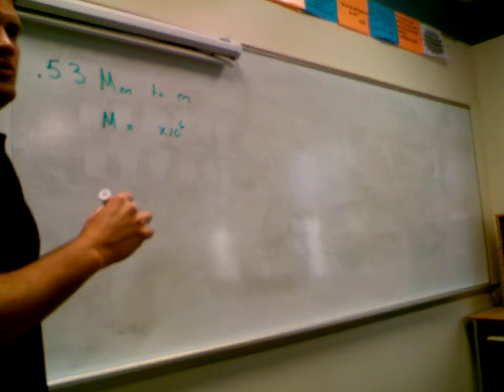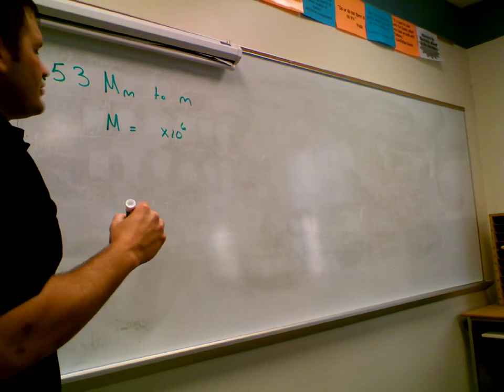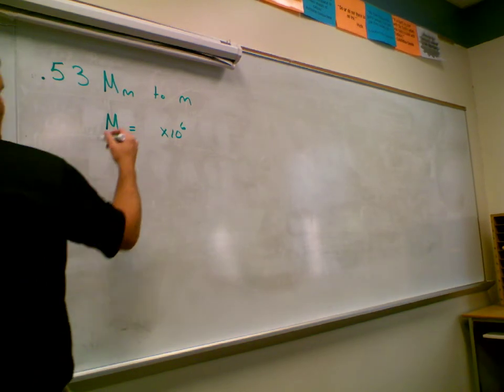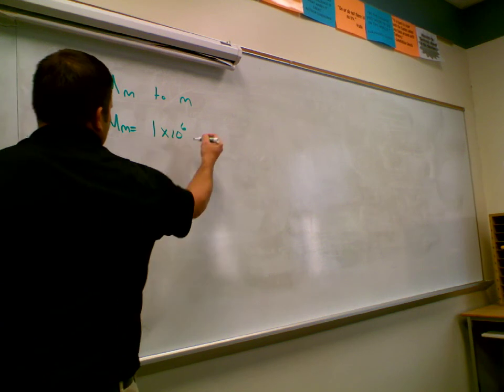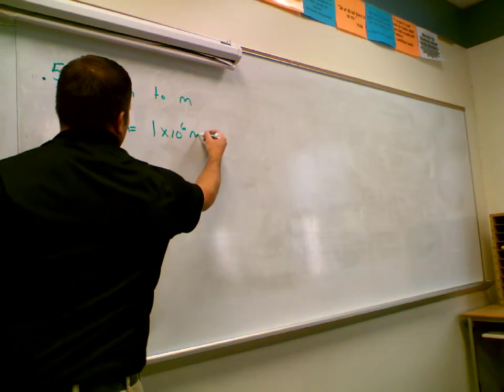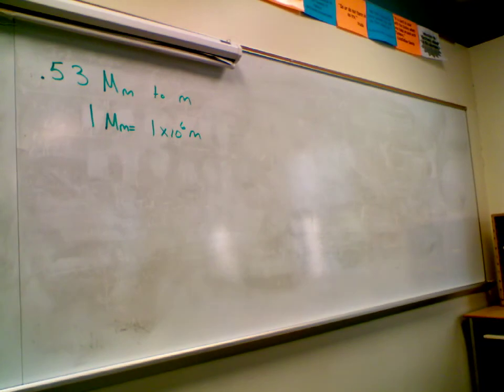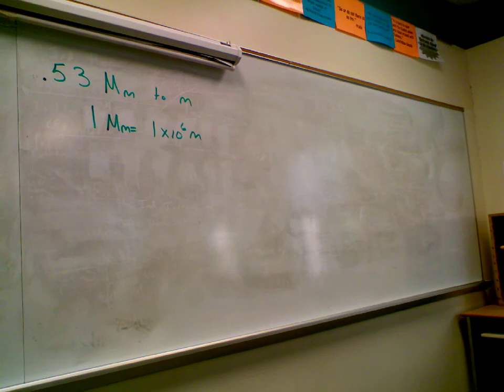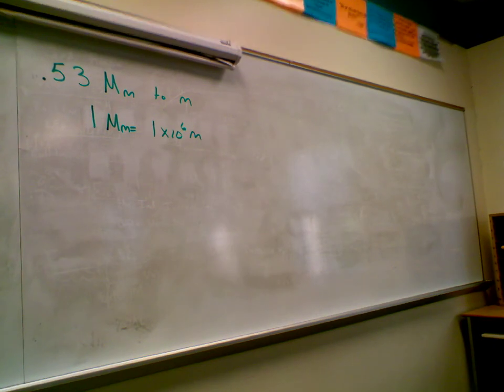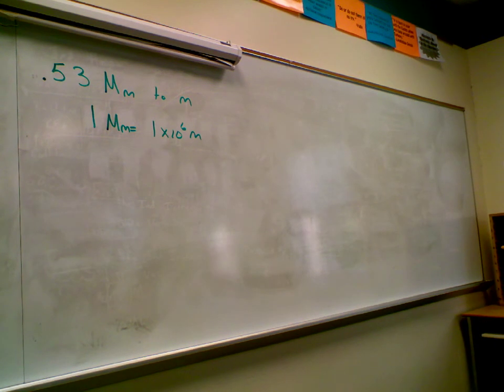So I have 1 megameter equals 1 times 10 to the 6 meters. Take note. The 1 is with the prefix. The power is with the base. It'll be that way every time. The 1 goes with the prefix. The power goes with the base.